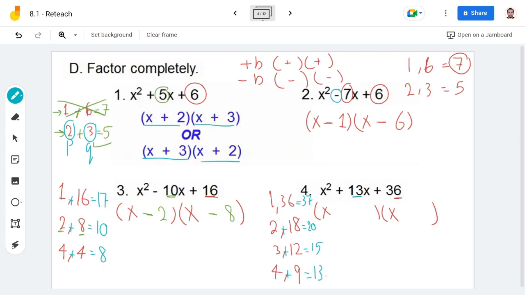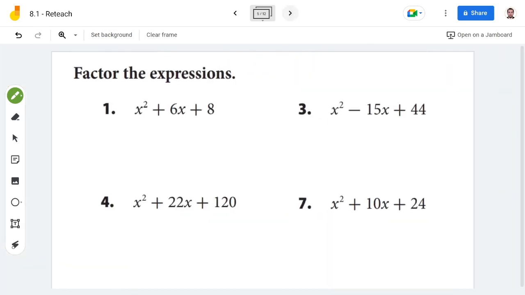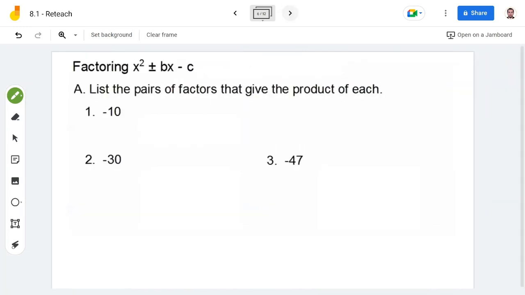So now, the first factor is 4, the second factor is 9, and the sign is positive. So positive, positive, 4 and 9. Okay? I hope this one is easy and clear to you. Now you have some practice questions here. Try to solve them. If you have any questions, come ask me.